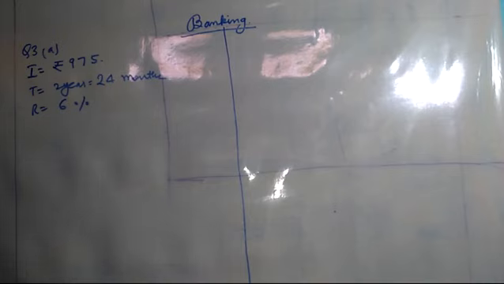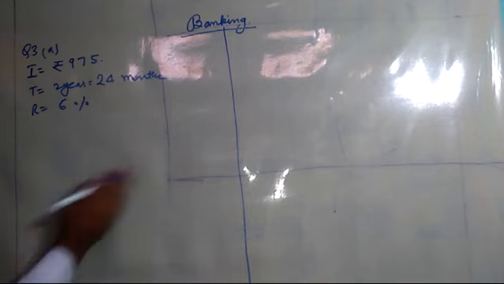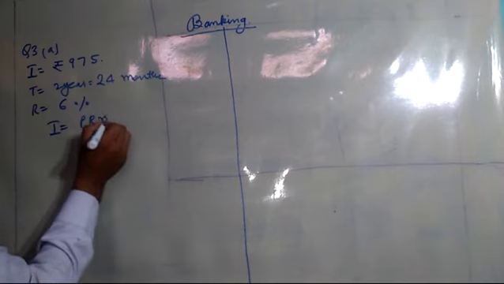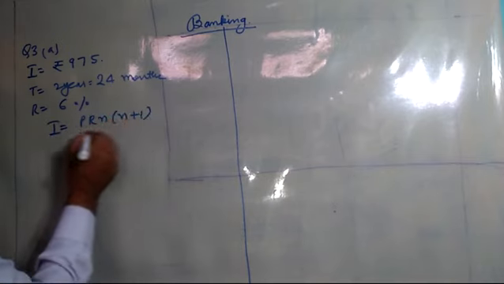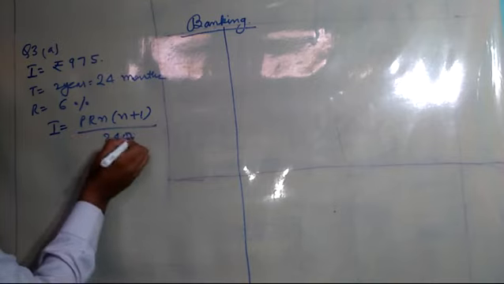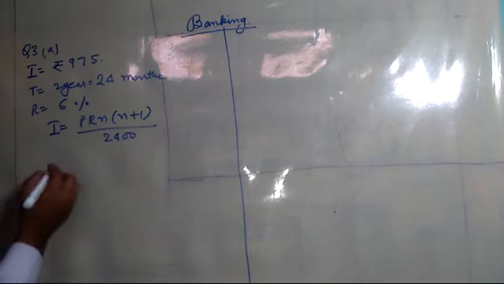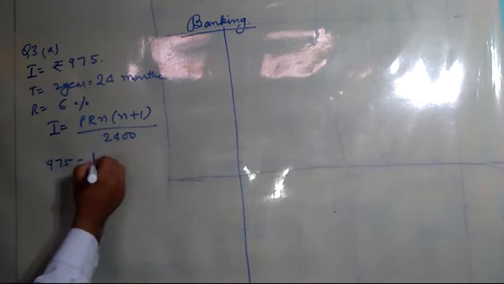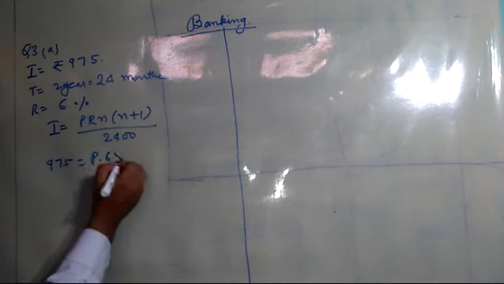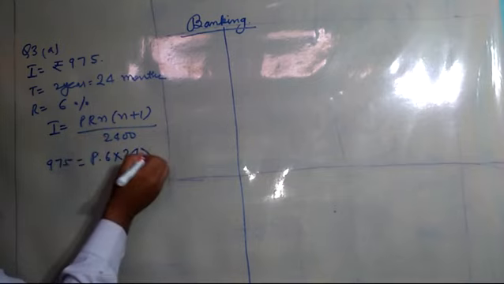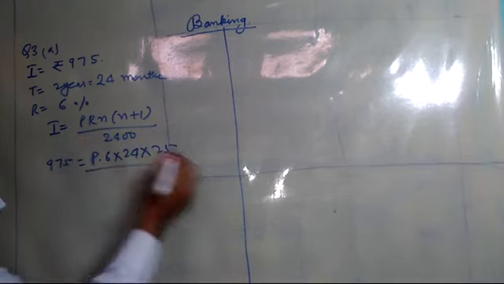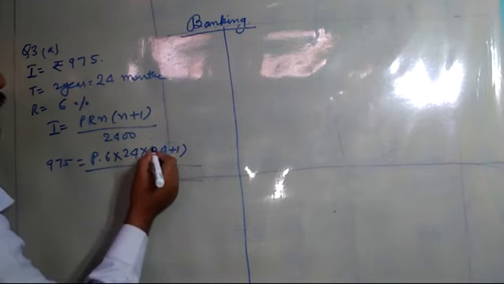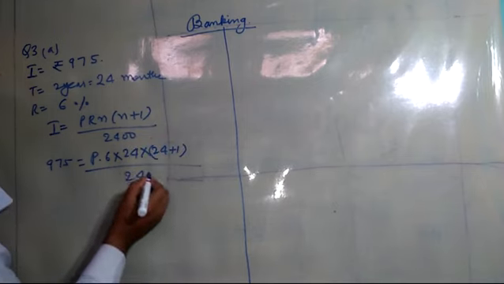Now, if we calculate, if we use the formula, then interest, we know interest is equal to PRN into N plus 1 by 2400. So here interest is how much? 975. And principal, we don't know. Principal rate is 6%. Time is 24 into 25, because N plus 1 will come here. 24 plus 1 by 2400.